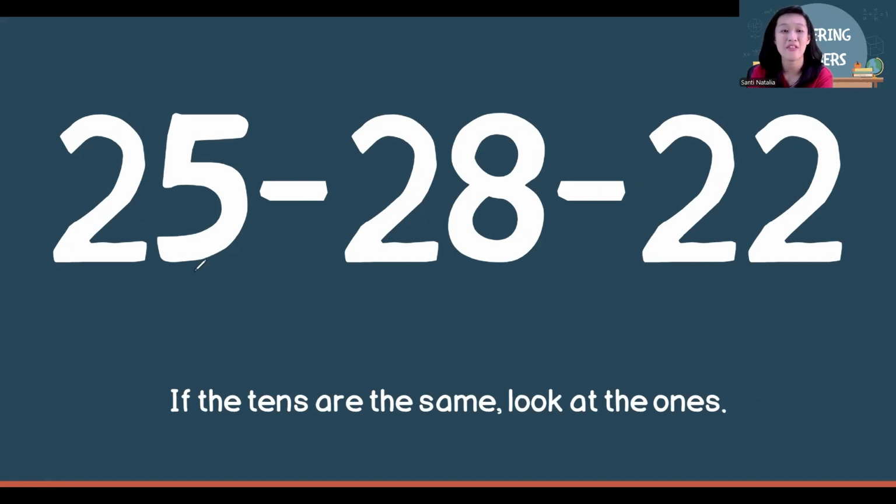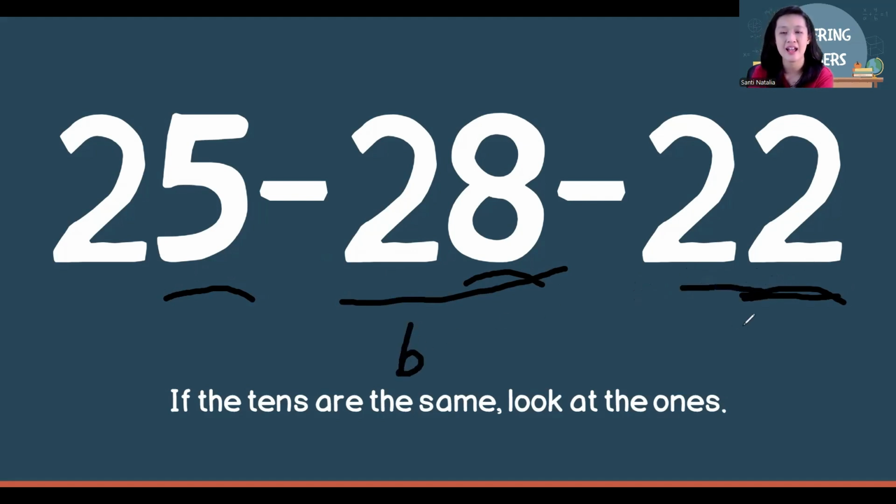So look at the ones place. 25 has 5 ones. 28, 8 ones. 22, 2 ones. Since 8 is the biggest, so 28 is the biggest. And 2 is the smallest, so 22 is the smallest.